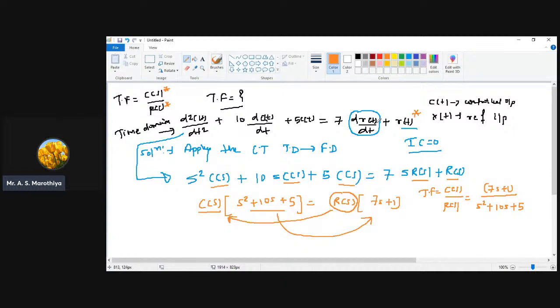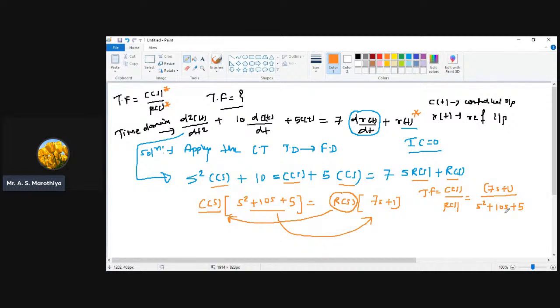Then we need to apply the concept of Laplace transform to convert that from time domain to frequency domain, and then we need to take the ratio of output by input. Once you have taken the ratio of output by input by assuming all initial conditions to be zero, whatever the terms you are having in the form of frequency components, that expression is known as the transfer function for this particular system. Today we will stop at this particular point.